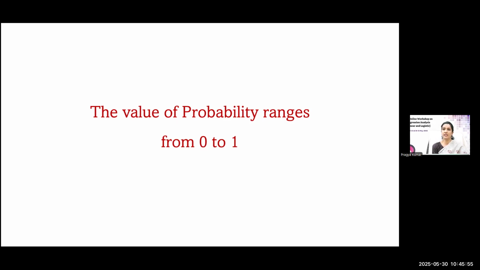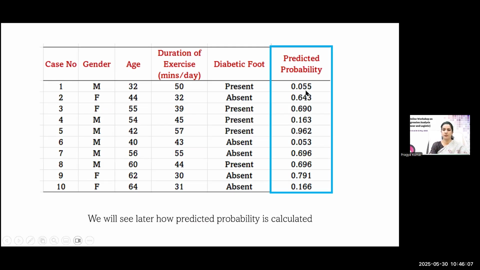But in this case, if you convert the yes and no response to probability, you will have a range of values from 0 to 1. Here you have got a range of values. If I had not converted this present and absent, I would have only 0 and 1. But since the software converts it, this predicted probability is calculated by the software.